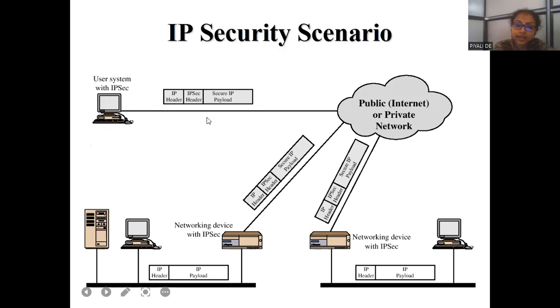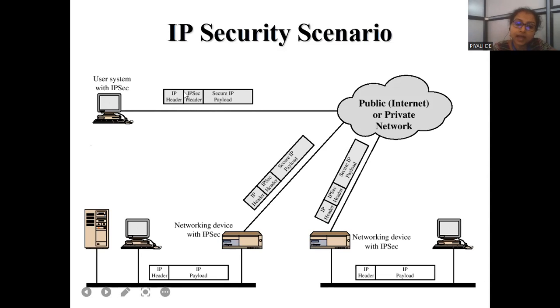So this is the scenario of IPsec, how the IPsec protocol works. Here is a user system which is IPsec enabled, meaning it is using the IPsec protocol. This is my secure IP payload, meaning whatever I receive from the upper layer.